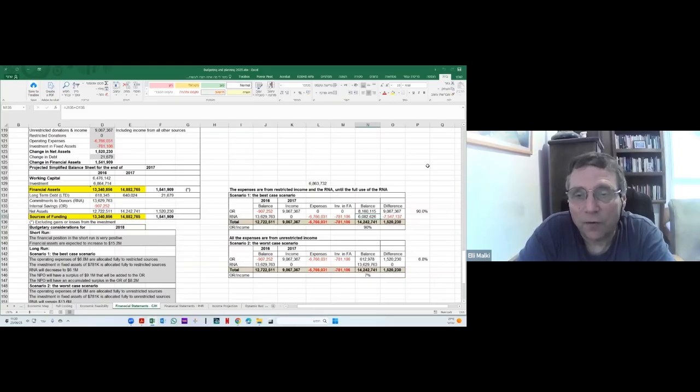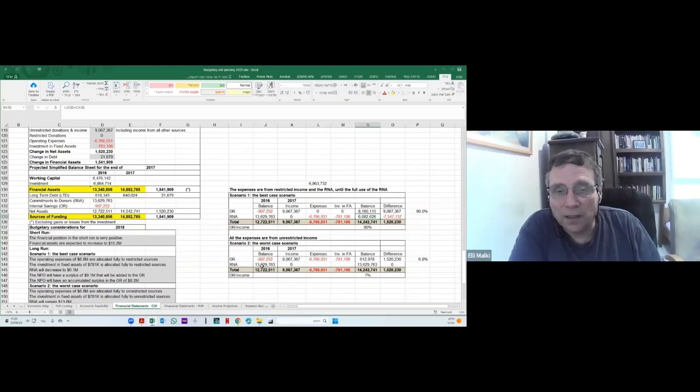The worst case scenario from the point of view of the organization is that it is unable to allocate any of its expenses to the restricted net assets. So all the expenses should be allocated to the unrestricted, or basically whatever surplus or deficit there is should go to the operating reserve.